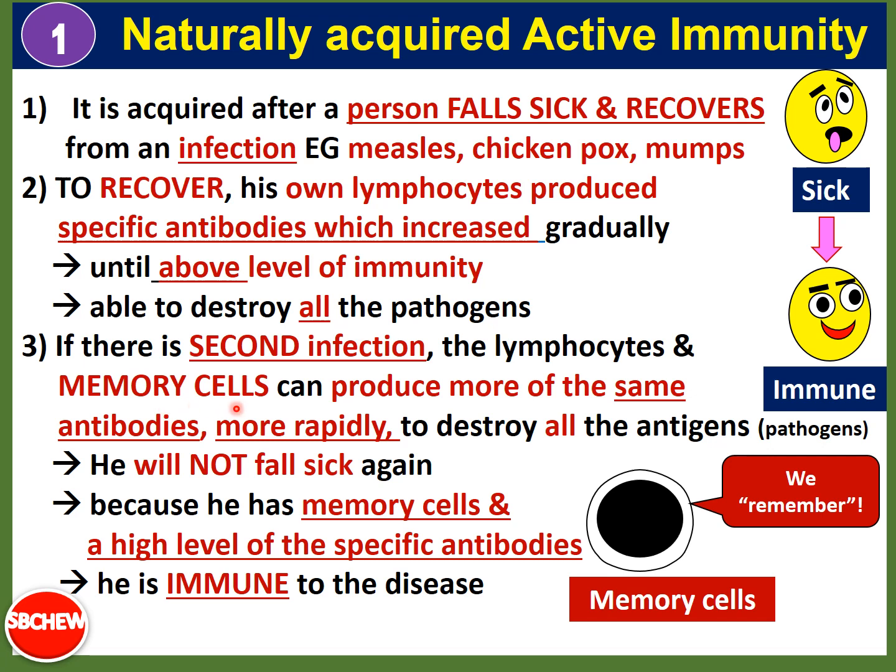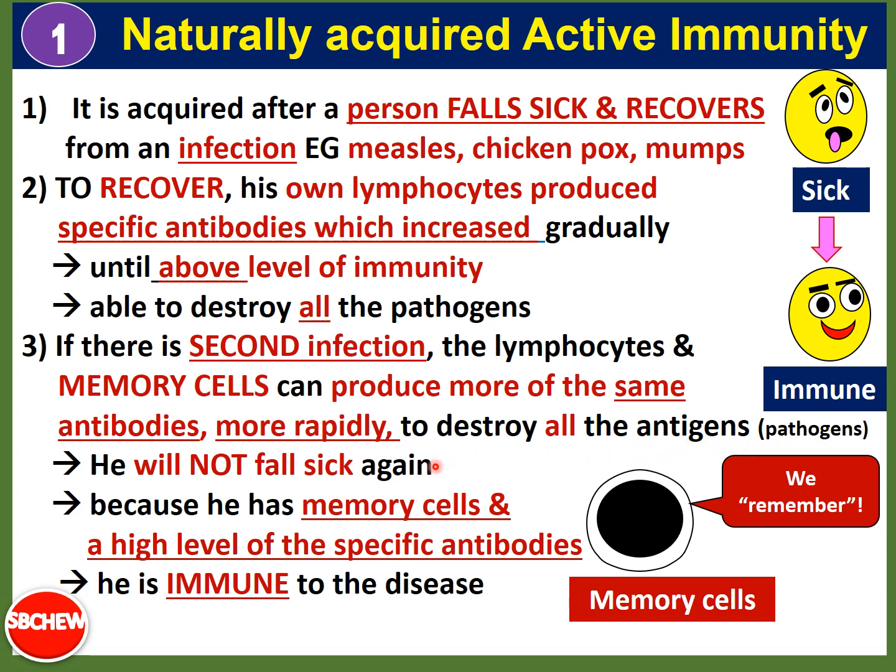And these cells are very important because they will help the person to produce the antibodies in greater amounts and more rapidly to destroy the same pathogen that tries to infect the body. Okay, or the same antigen. Antigen here means the pathogen that has entered the blood and the body.